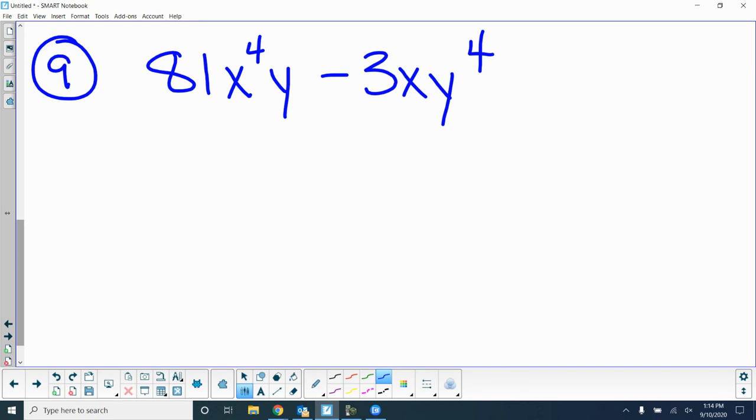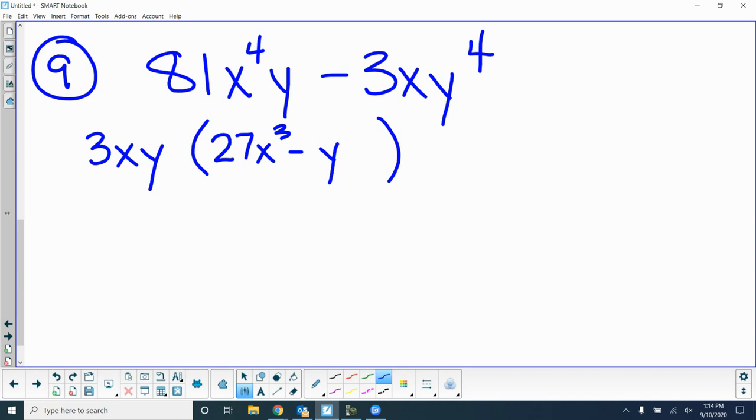Divided by 3x. 3xy is the GCF. So what's left then, Chris? 27x to the third minus y to the third. Good. When we pull out the 3xy, the GCF, we get that. What is that 27x to the third minus y to the third called, Michael?